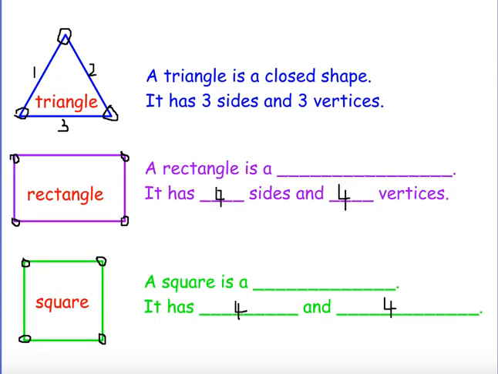Okay, another thing: a lot of the shapes we can actually tell by words. For example, triangle starts from try, T-R-I. This is actually a root in English words. If you see a word starts with tri, that means 3.